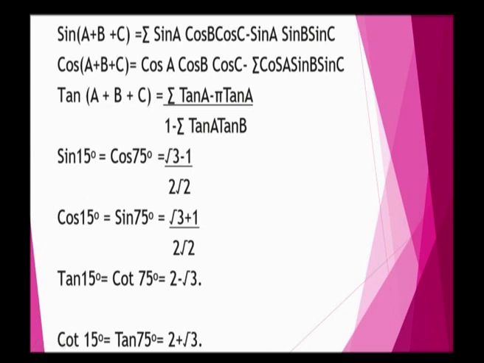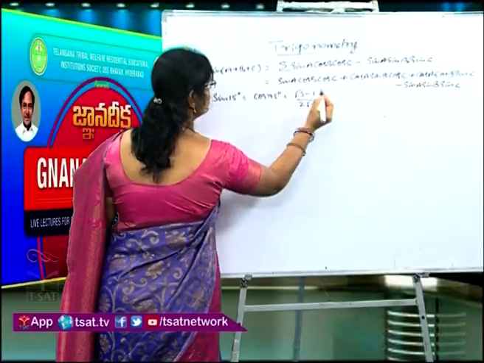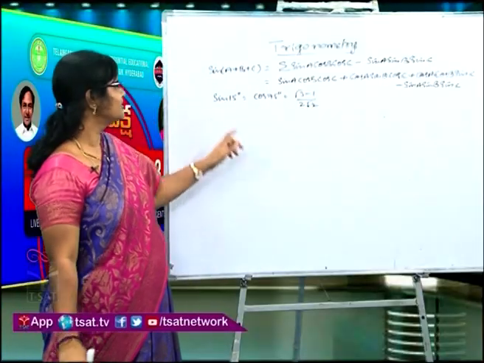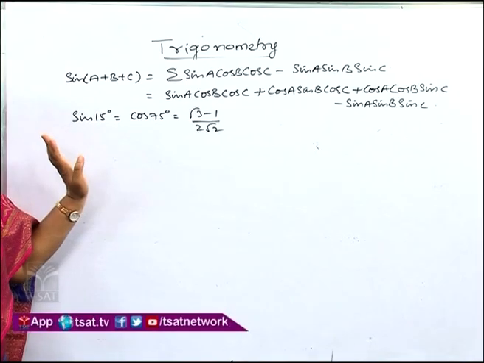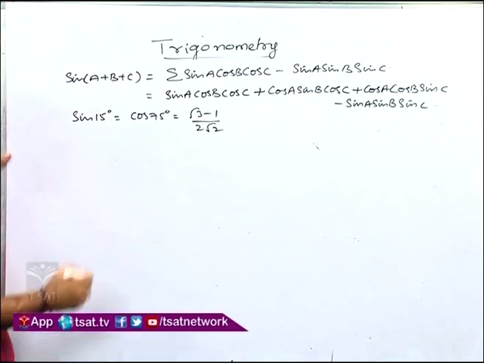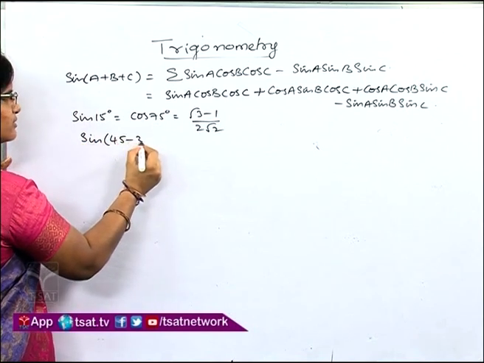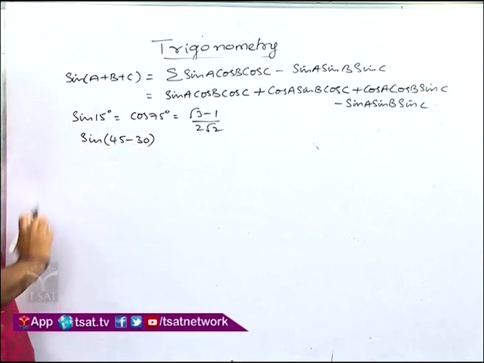Let us see the next one, sin 15 degrees value, which is equal to cos 75, root 3 minus 1 by 2 root 2. So, here also, children, if you remember, it is okay. If you do not remember the value, within a minute we can solve, children. We know sin 15 we can write as 45 minus 30.